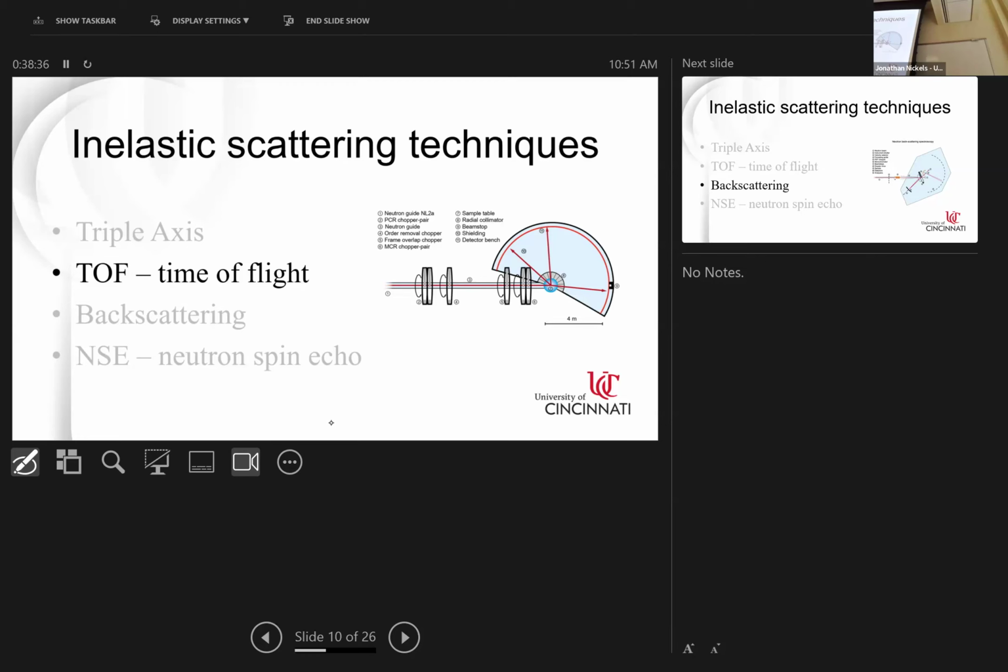So the point being, you hit your sample, and you're coming in at this narrow slice in your bandwidth. It hits the sample, scatters, and changes energy.